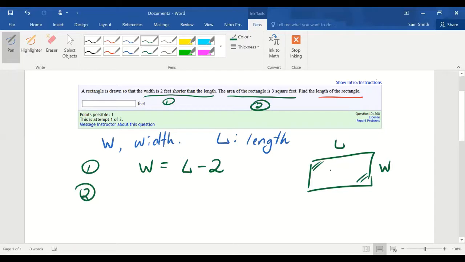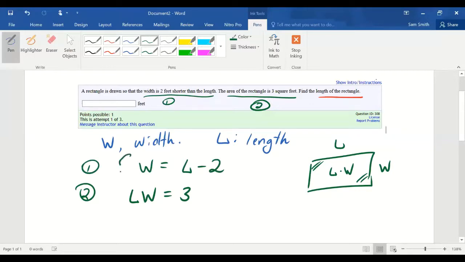The area of a rectangle can be found by taking the length and multiplying that by the width. So if someone says the area is 3 in the units of square feet, I would translate it into an equation: L times W equals 3.